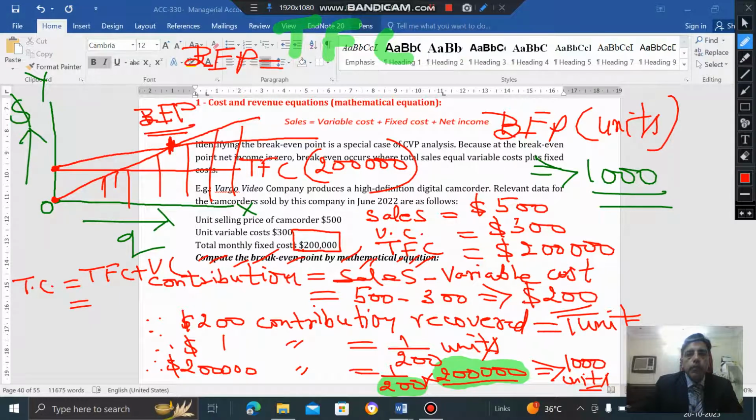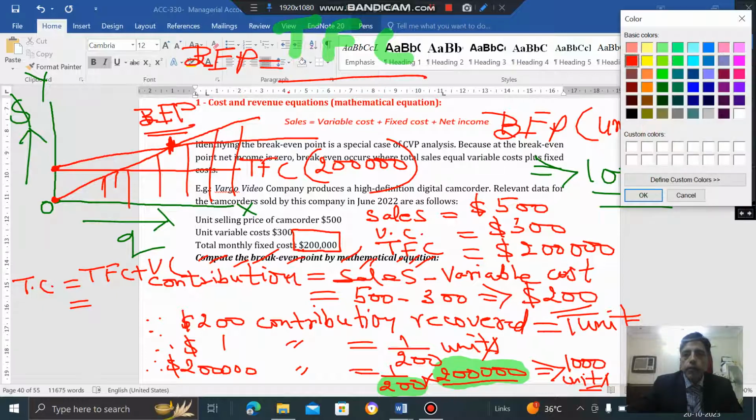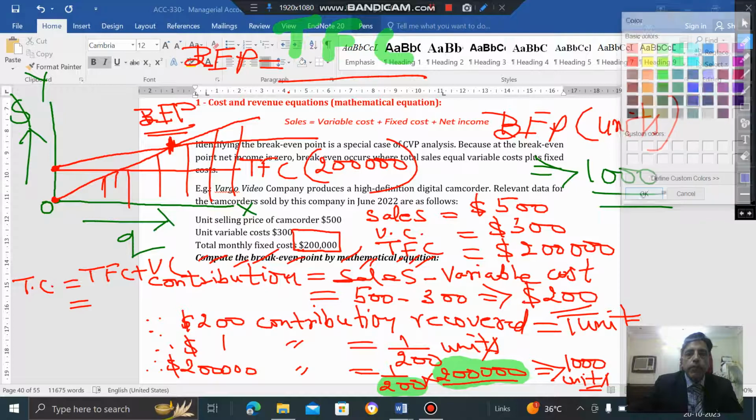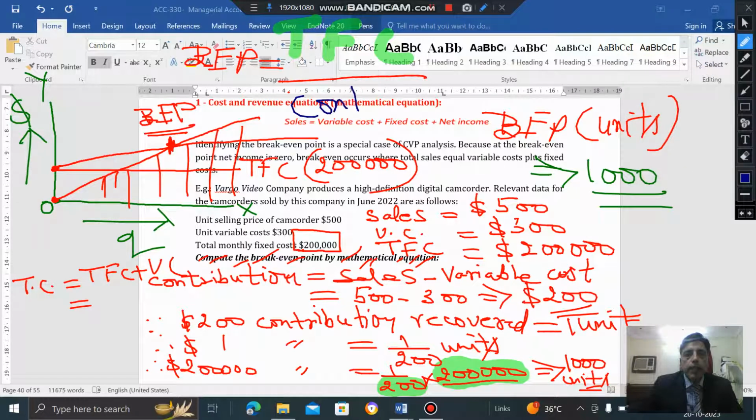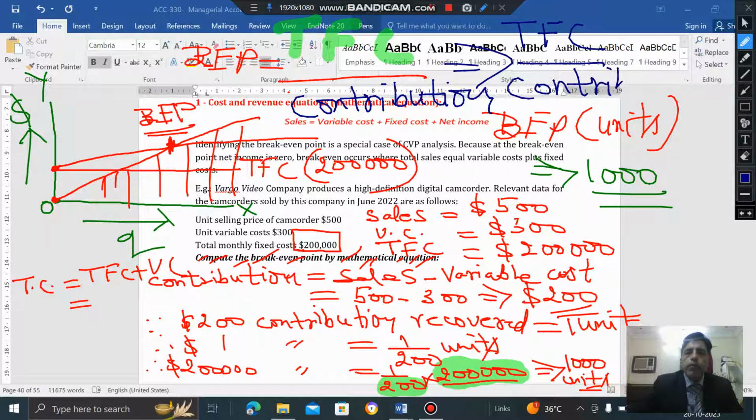So total fixed cost divided by your contribution. That will be another formula to compute the break-even point. Just writing it in the proper manner, TFC divided by contribution. So this will enable you to understand the concept of the fixed cost.